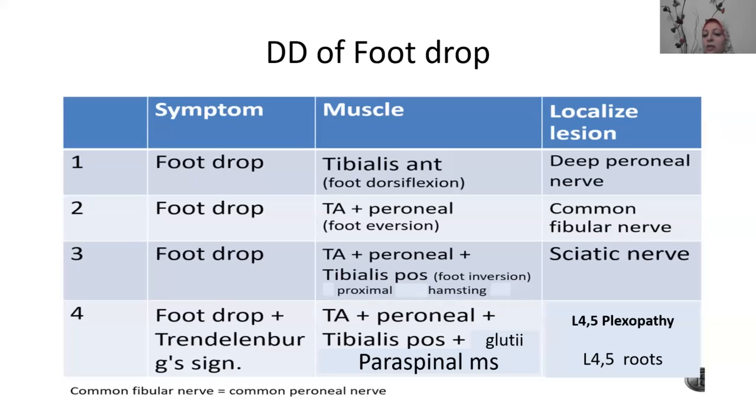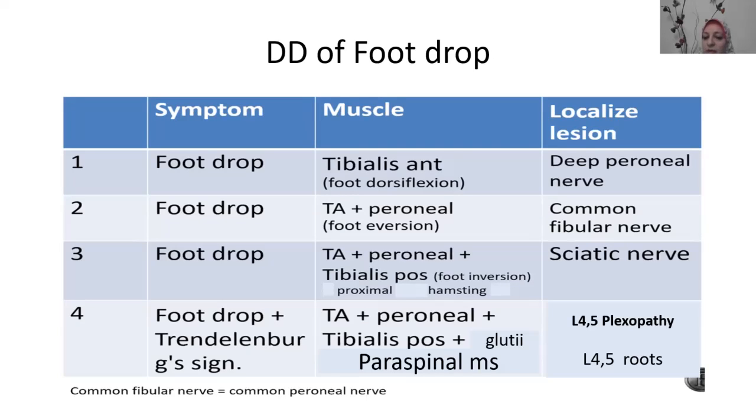If it is due to common peroneal nerve affection, such as entrapment at the fibular neck, the tibialis anterior and peronei will be affected, but the tibial innervated muscles will be spared. If it is at the sciatic nerve level, the common peroneal will be affected and tibial innervated muscles will be affected, and also the proximal thigh muscles like the hamstrings will be affected.